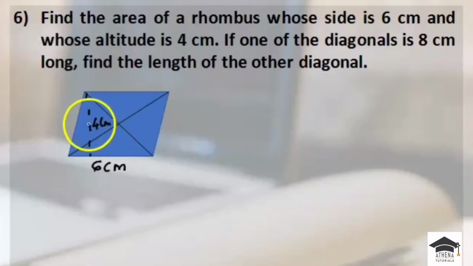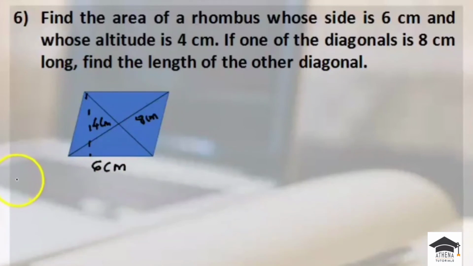This is 4 centimeter and one of its diagonals is 8 centimeter. These are diagonals and one diagonal is of length 8 centimeter. We need to find the area and the length of the other diagonal.